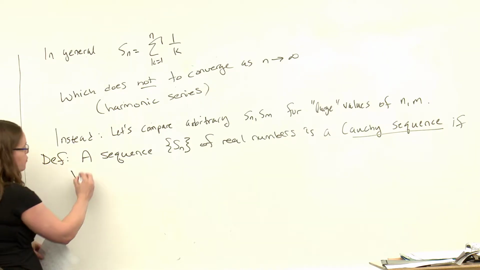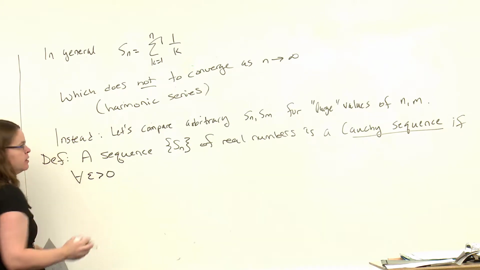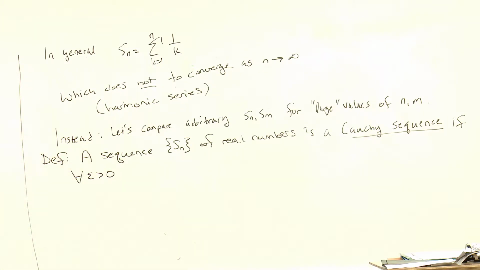So we're still going to have, for every epsilon greater than 0, and then our usual definition of the limit says there should exist some n star such that beyond that n star, Sn gets close to S. That's what we expect.